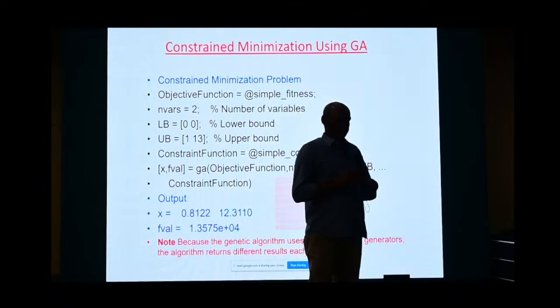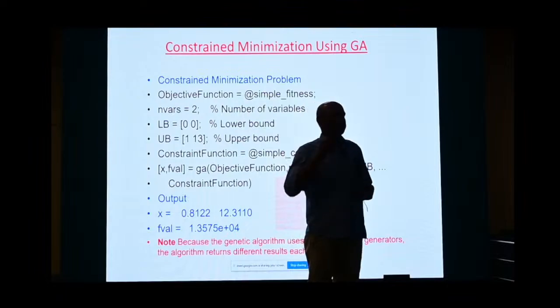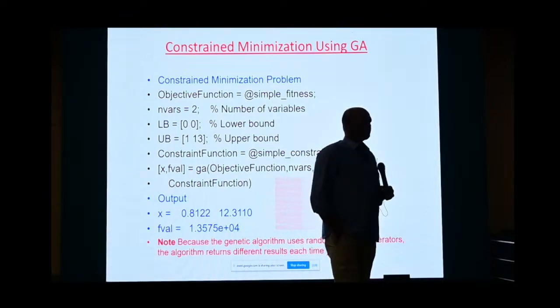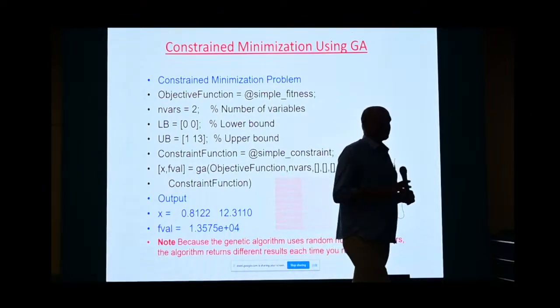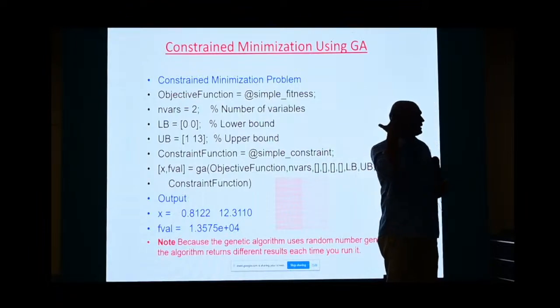It is like when you toss a coin. When you toss a coin, it may come as head or it may come as tails. So you cannot say that whenever you toss a coin, you will get head as your output. But if you toss the coin, say, 50 times, maybe 24 times you will get head and 26 times you will get tail.